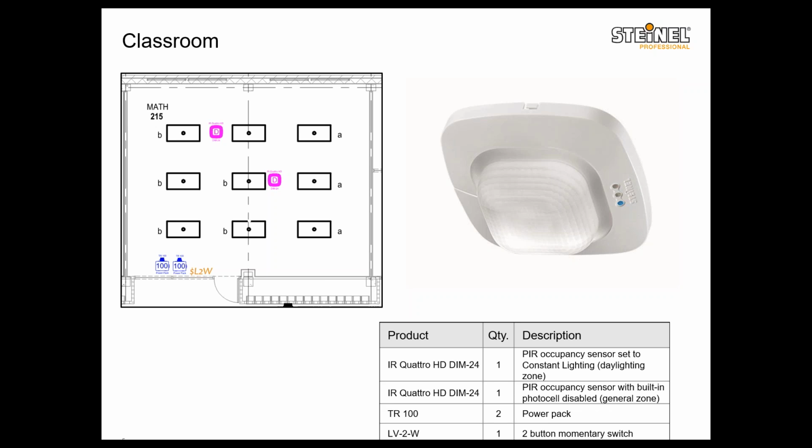And the sensor, by measuring the light level that it's seeing in the classroom, will adjust the light level by dimming up and down to maintain the level you have set on the sensor. So it's already built in. You don't really have to have a dedicated separate photocell to take care of this task.